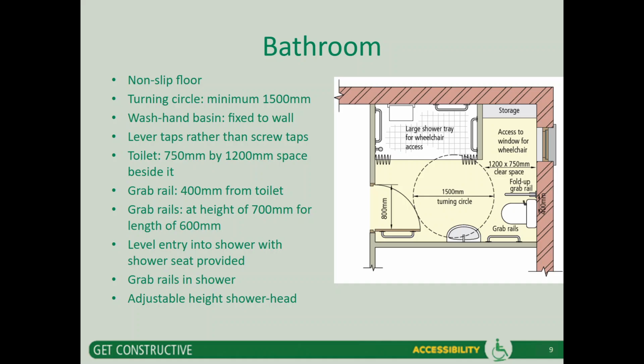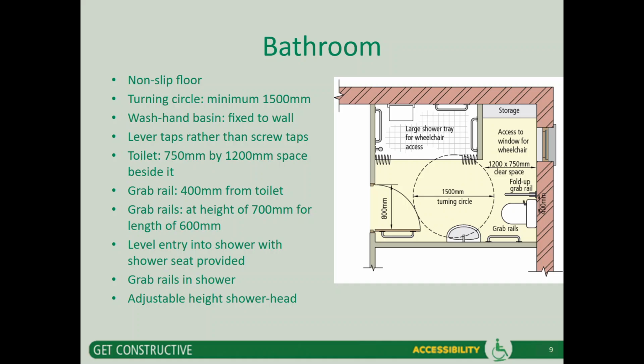What you also have there is a level entry into the shower with a shower seat provided. Okay? That level entry is becoming more and more common in all modern buildings. You're getting fewer and fewer raised entryways into the showers. You'll also notice you have a shower seat for someone to sit on, and you also have a number of different handrails in the showers.